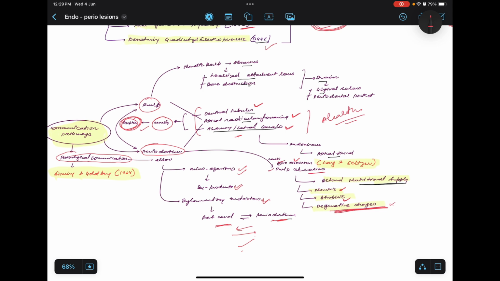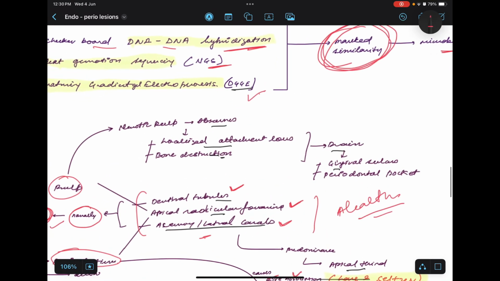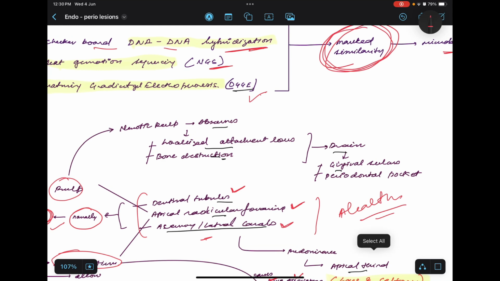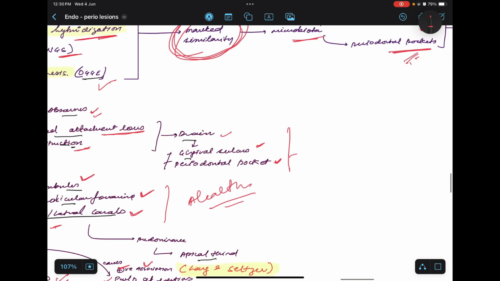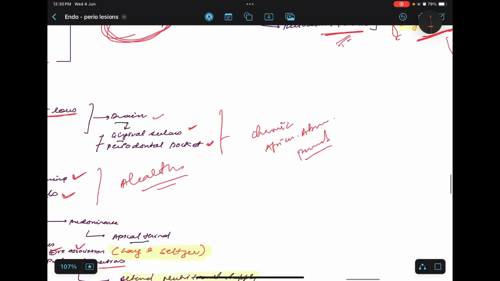This is a positive association. Now how does the pulp affect the periodontium? The pulp becomes necrosed due to abscesses, which lead to localized attachment loss and bone destruction. These are mostly drained through the gingival sulcus or periodontal pockets. You might have noticed many times that patients who come with chronic apical abscess or periodontitis mostly have draining sinuses.